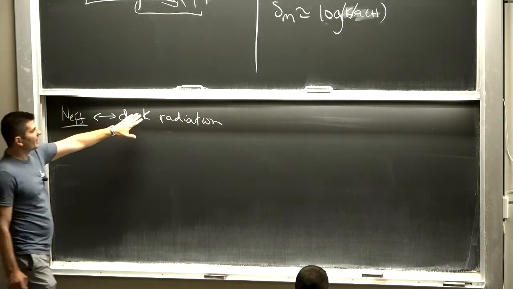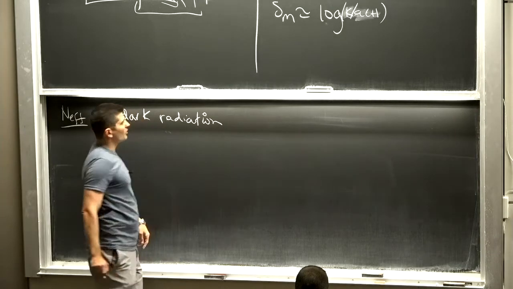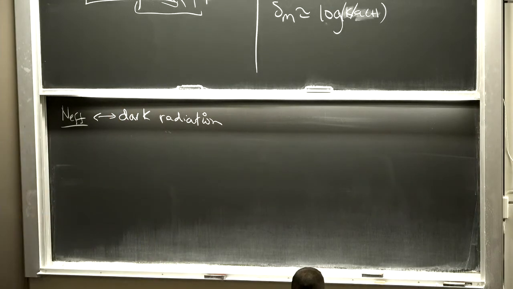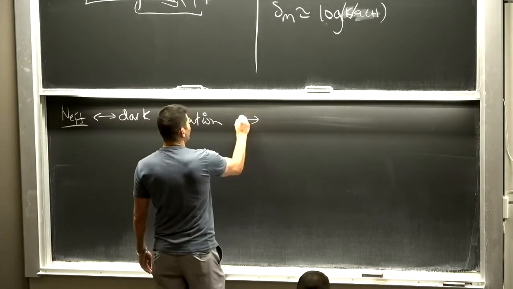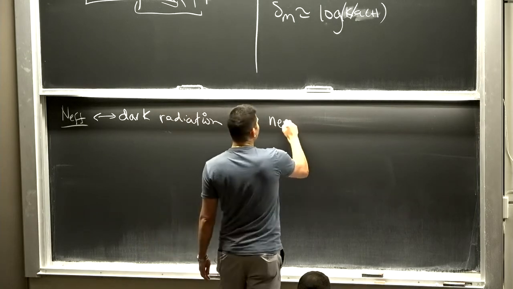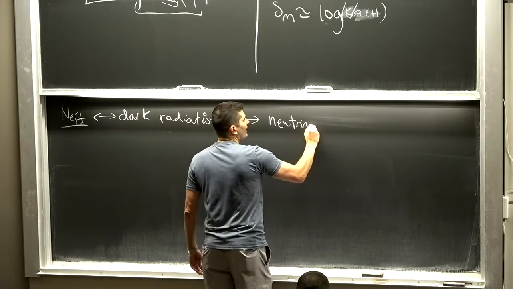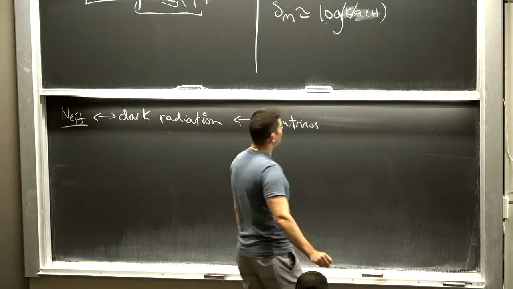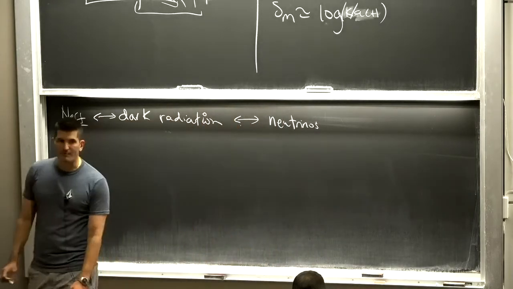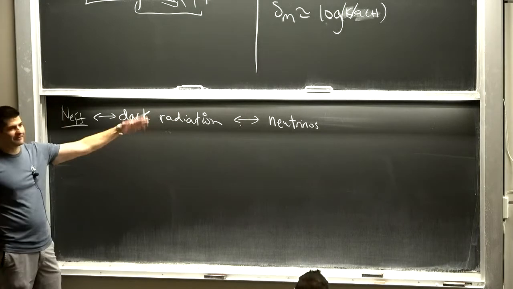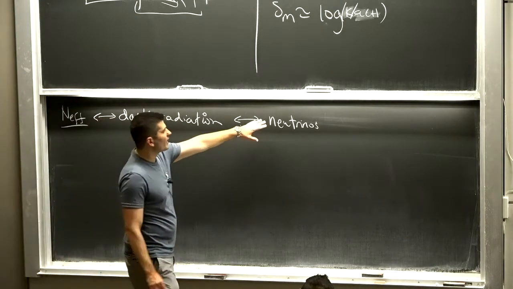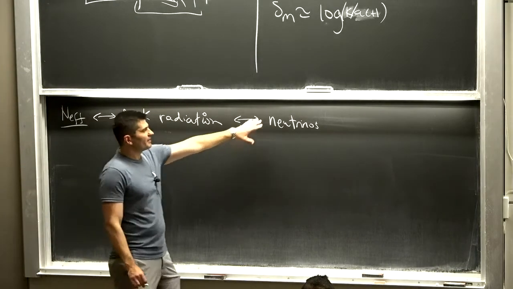To understand what dark radiation might look like, we should start with the kind of dark radiation that actually exists in the standard model, which is neutrinos. Neutrinos are effectively a kind of dark radiation in the standard model. They don't couple to the photons or baryons at late enough times, so for the purpose of a cosmologist, this is invisible.